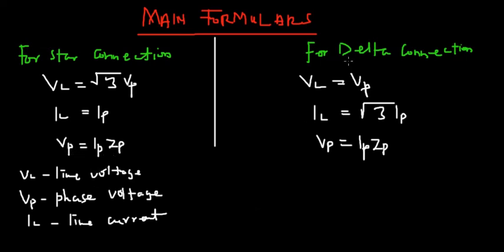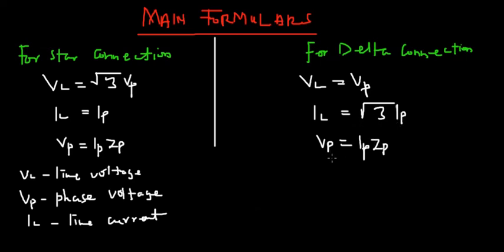For delta connection, you could notice that there is a big difference. Delta is, I could say, the reciprocal of the star connection, because the line voltage is equal to the phase voltage, but the line current is equal to root 3 times the phase current.